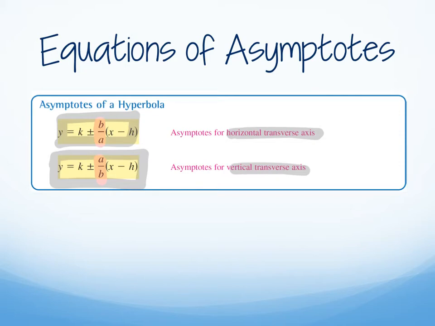It would go on the side with the y, but these are lines, so it gets put into a y equals format. The difference is that slope. The slope is b over a if it's horizontal, a over b if it's vertical. So you'll get questions where it gives you information about the asymptotes and you have to figure out how to graph it, or you'll maybe get the information about the actual hyperbola and you'll have to find the equation of the asymptote.